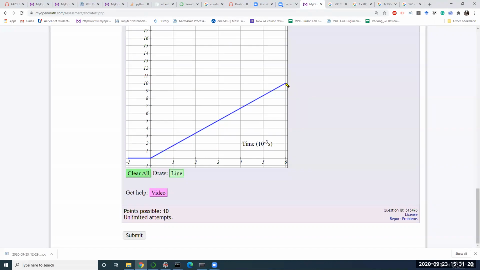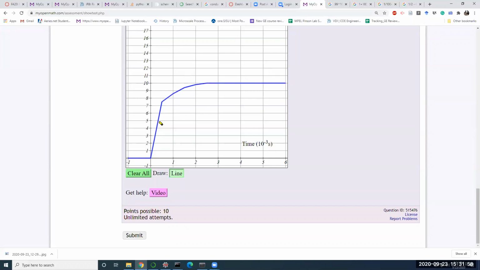Ultimately, it's going to go up to 10 in 5 tau, which is 2.5. So 1 tau is a half, and that goes up to about 7.5. And then the next tau is like 8 and something. The next tau is a little bit closer.